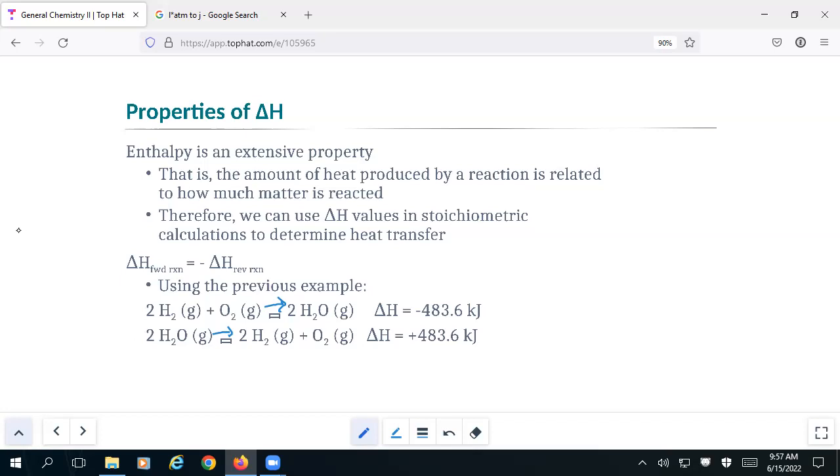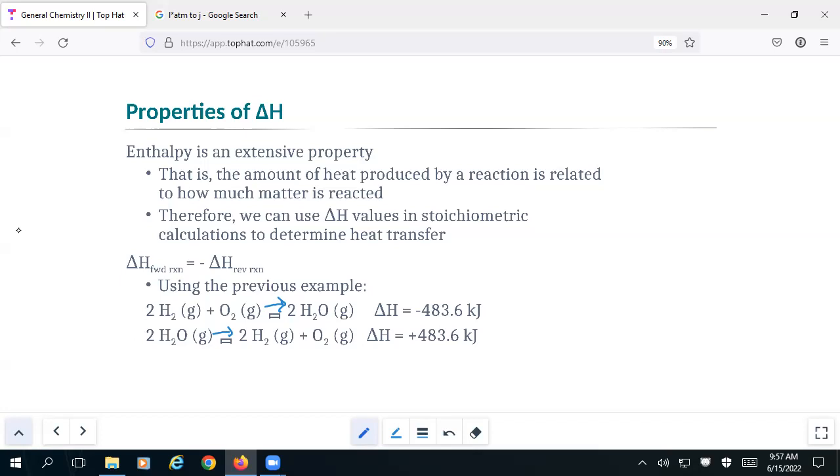Now, that is a stoichiometric amount, meaning in order to get that amount of energy released, I have to have 2 moles of hydrogen gas, 1 mole of oxygen gas, and I have to create 2 moles of water vapor. If I cut those values by half, the energy output would be cut by half as well. If I tripled them, the energy output would be tripled as well.